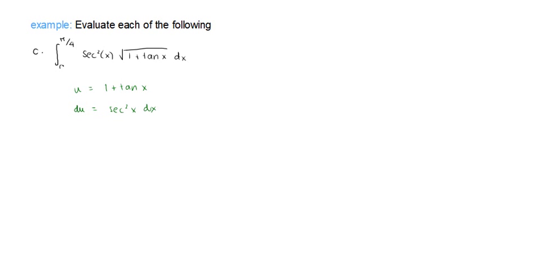All right, now, because I started with a definite integral, I'm going to need to have a definite integral once I do my substitution as well. And that will require that I also change the bounds. So I'll have to change a to be 1 plus tangent of my original lower bound. So that's 1 plus tangent of 0. And then b will be replaced by 1 plus tangent of pi over 4.